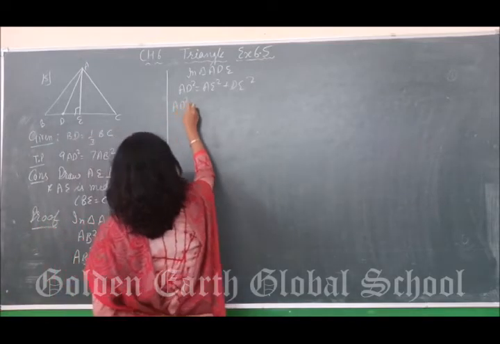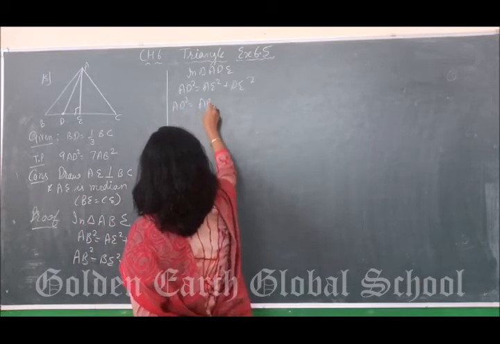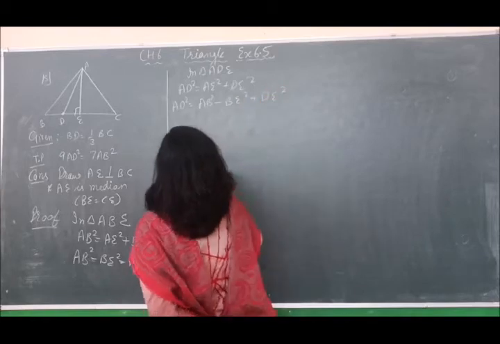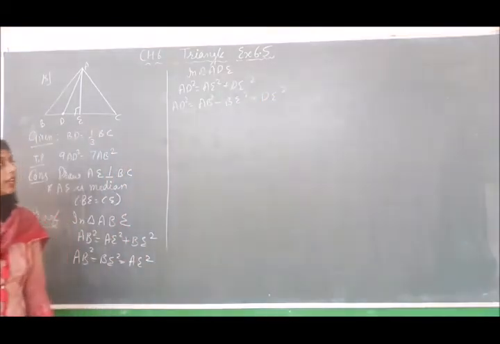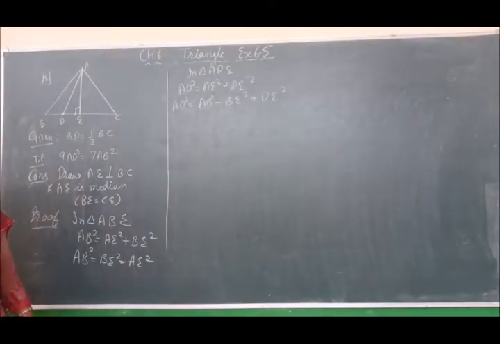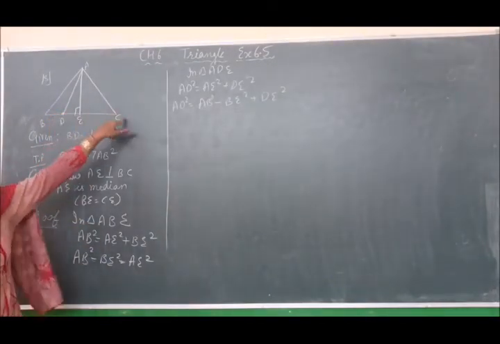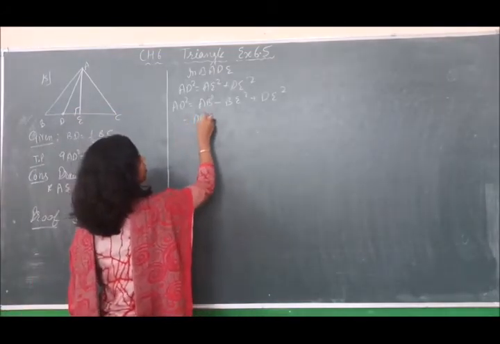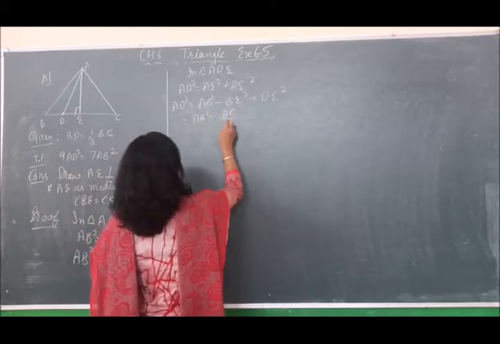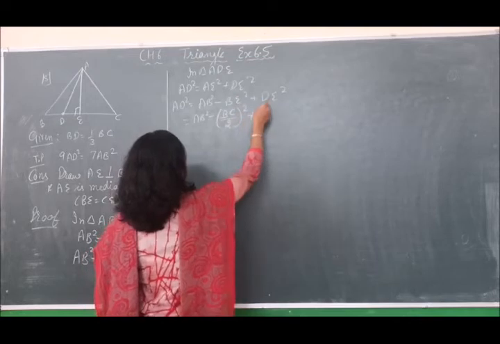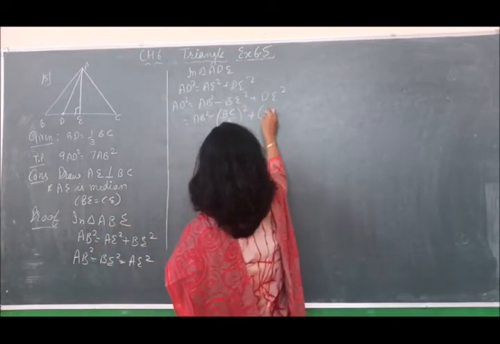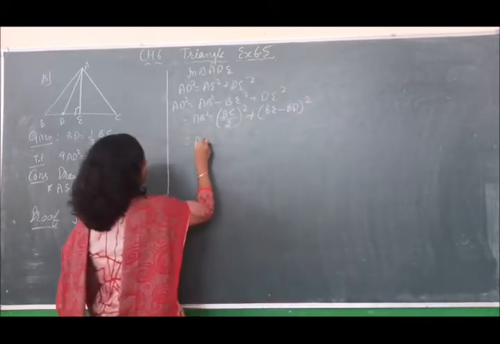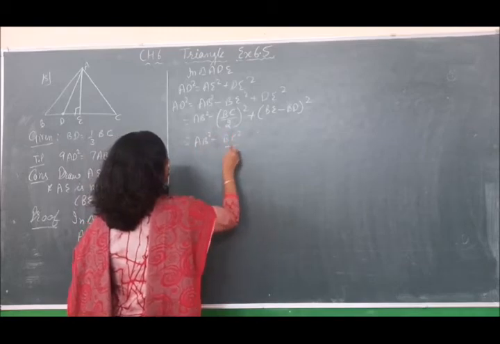AD square as it is, AE square can be replaced with AB square minus BC square by 4.